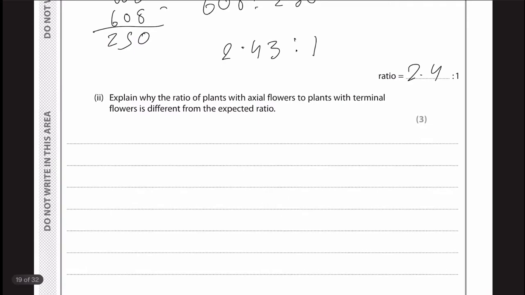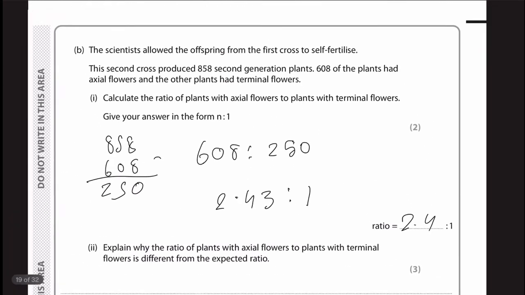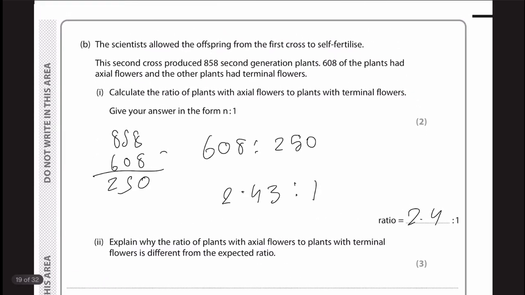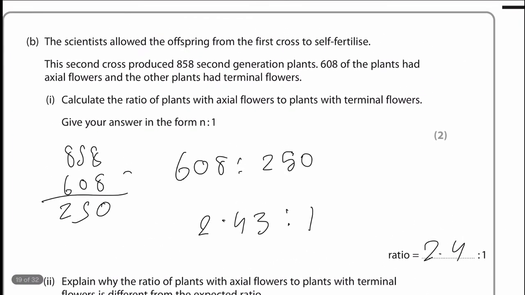Okay, explain why the ratio of plants with axial flowers to plants with terminal flowers is different from the expected ratio, right? So this isn't the expected ratio that we expect when we're doing the offspring from the first generation to self-fertilize. The offspring all are heterozygotes, remember. So if we were to do it, I'll just show you.